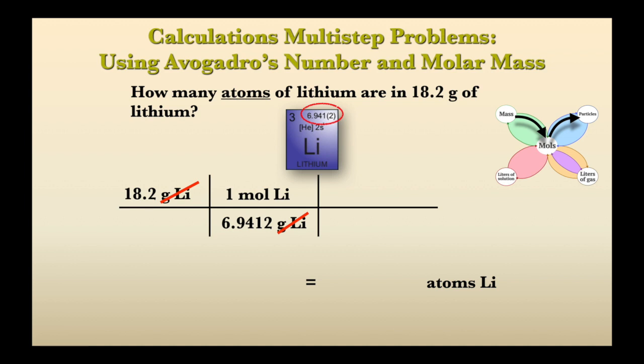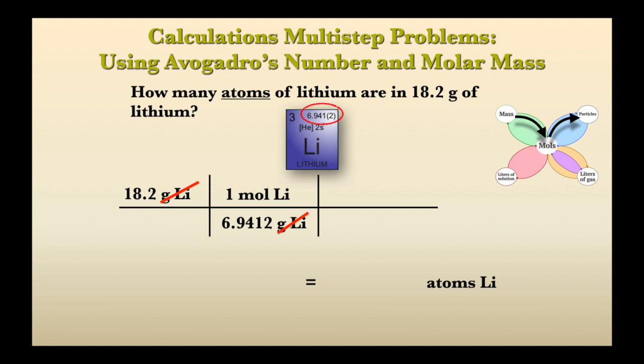This is the glorious thing about dimensional analysis: you can do it progressively, and each step tells you roughly what you need to do next, because you know you have to get rid of a unit you don't want. I don't want moles, I do want atoms. How do I go from moles to atoms? That's right, Avogadro's number, which is 6.022 times 10 to the 23rd.